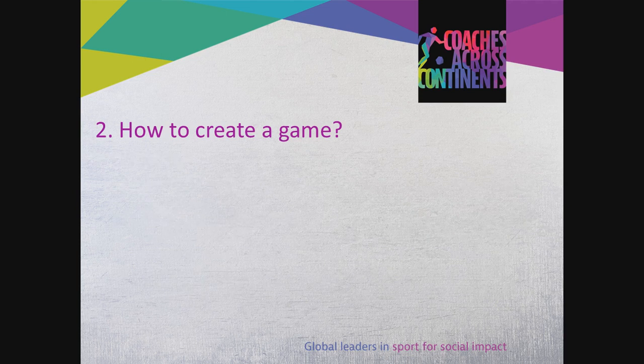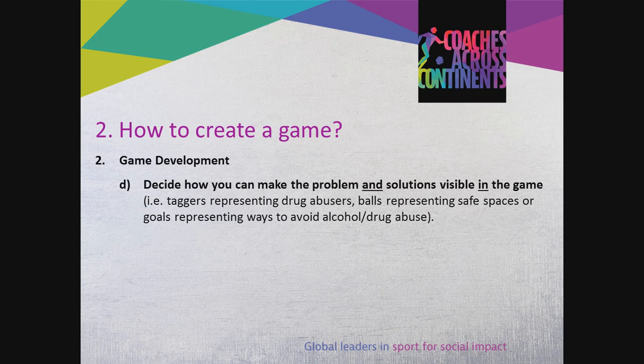Now we're going into the second phase. This is now more after you have done the theory work, you're now going into actually developing the game and bringing it onto the field. So now you need to, and that is the challenging and also very interesting work, decide how you can make the problem and the solutions that you have identified in the first three steps visible in the game.